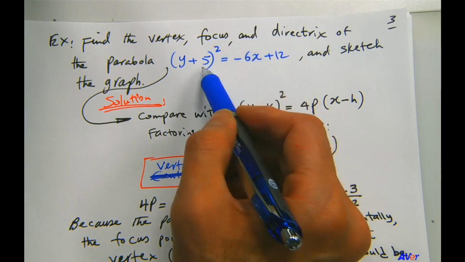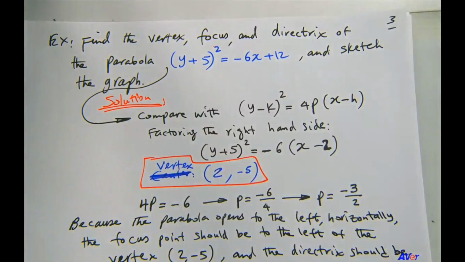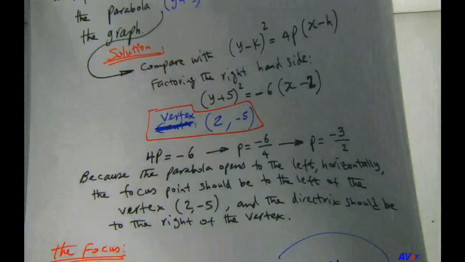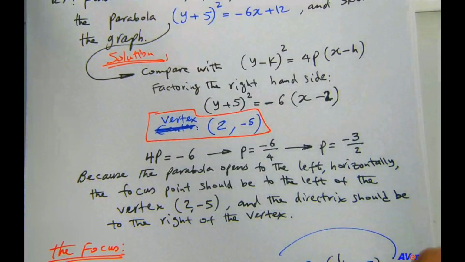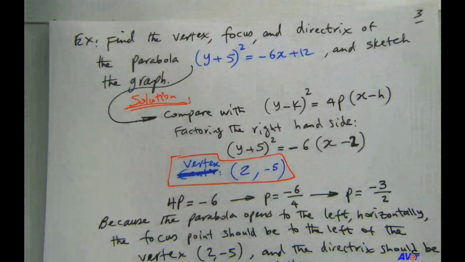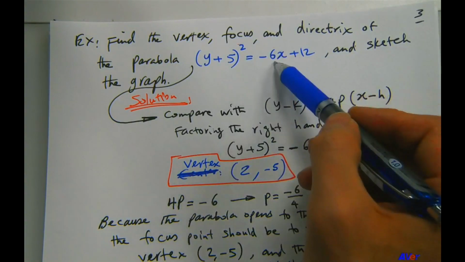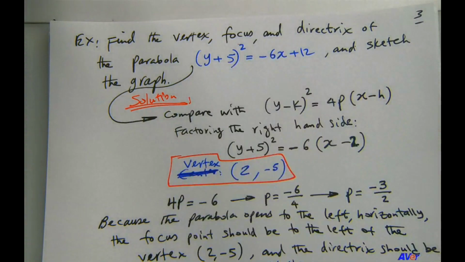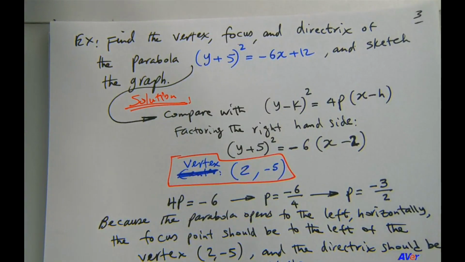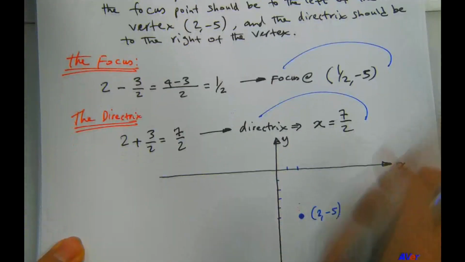So that means y equals negative 5. So if we have x equals 0, y plus 5 squared, then take the square root of both sides, so y equals negative 5, and does that make sense?